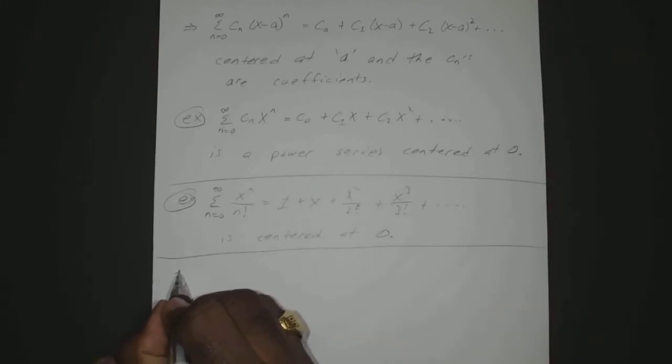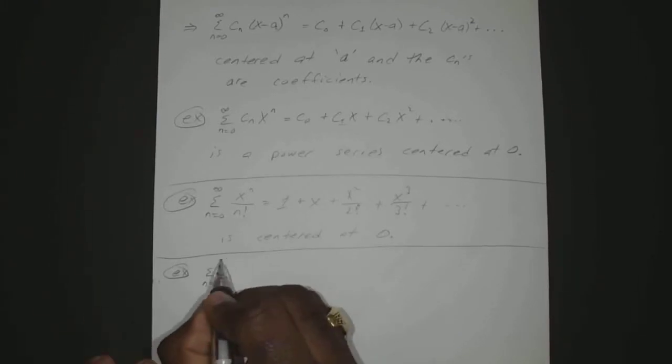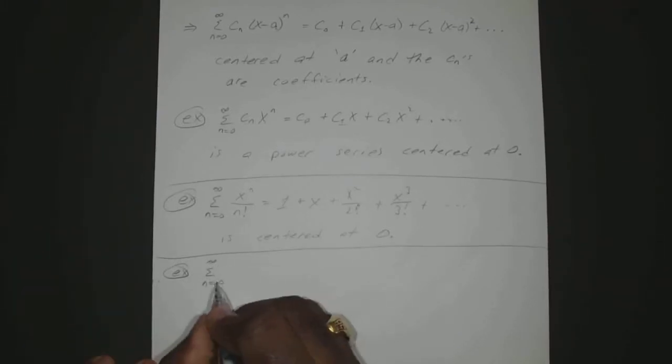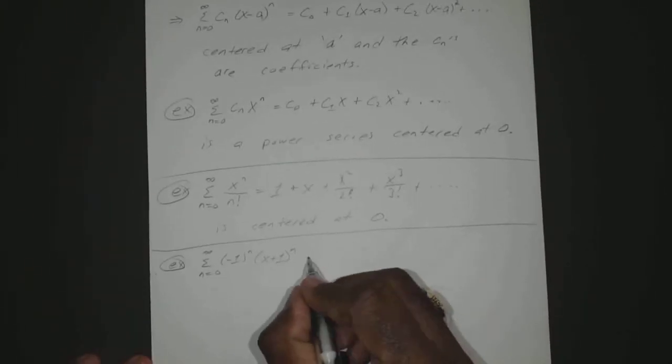But if you had something like the sum from n equals 0 to infinity of -1 to the nth power times x plus 1 to the nth power, where if you plug in 0, you just have 1.